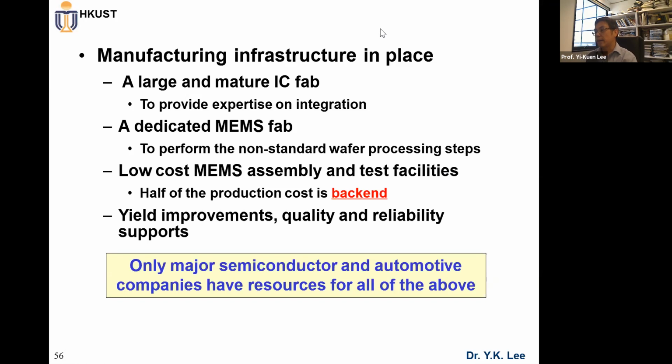One example is InvenSense, in Silicon Valley. I actually have some collaboration with InvenSense. This company is a MEMS fabless company. They have no fabrication facility, but they do the design and send it to TSMC in Taiwan to make their product. InvenSense is one of the companies making the MEMS motion sensor in your smartphone.